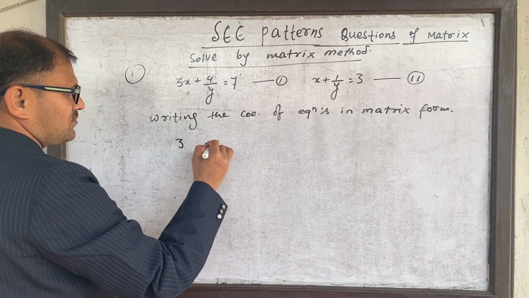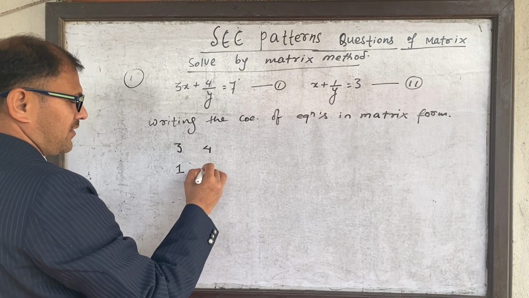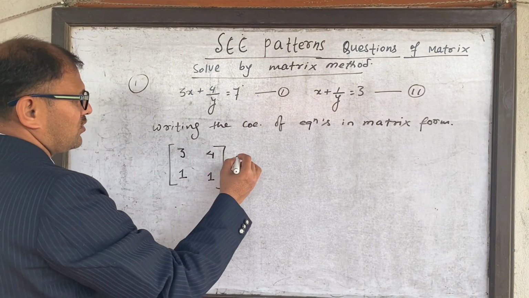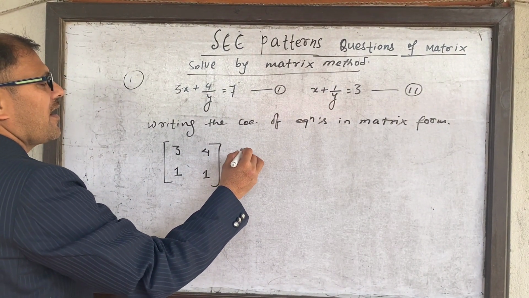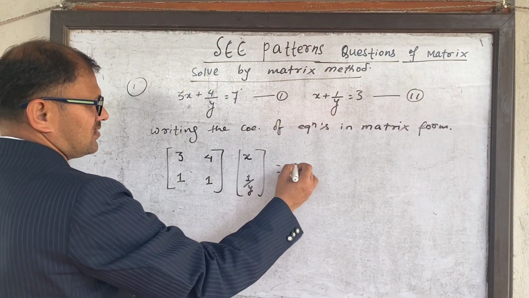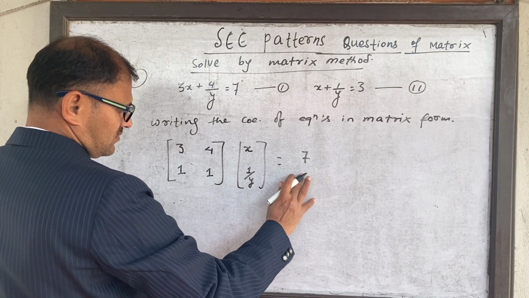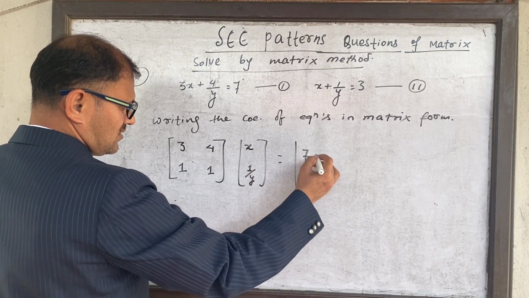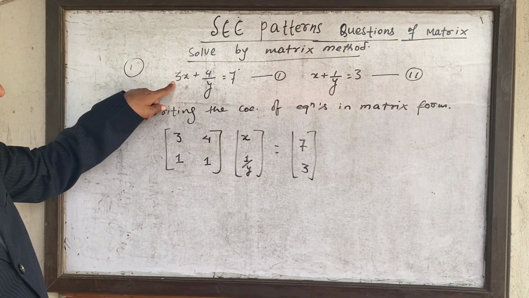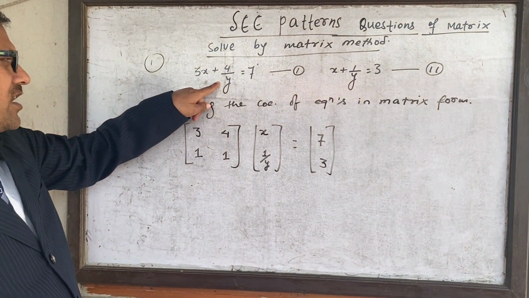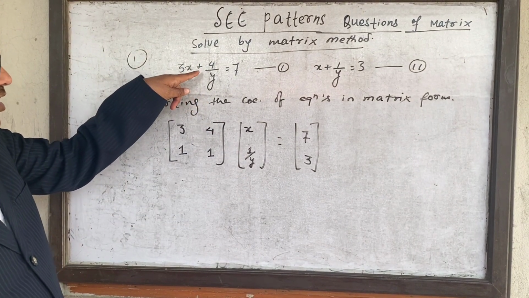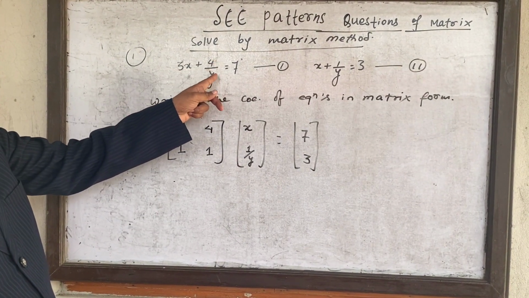Three, 4, 1, 1, into x and 1 by y, is equal to 7, 3. You see, while writing the coefficients, we have to understand: first you write 3, and 4 by y is given, so 4 is written first, and 1 by y is written here, because this is the coefficient of this 1 by y.